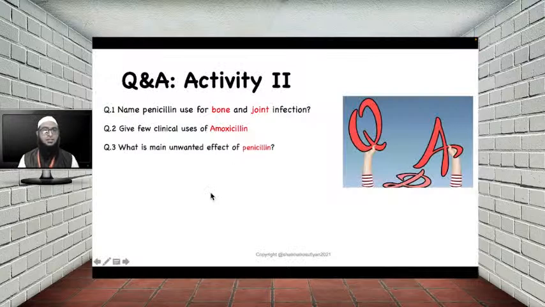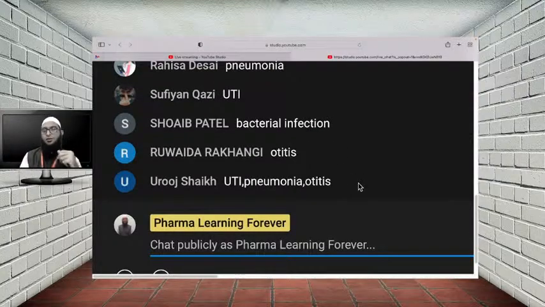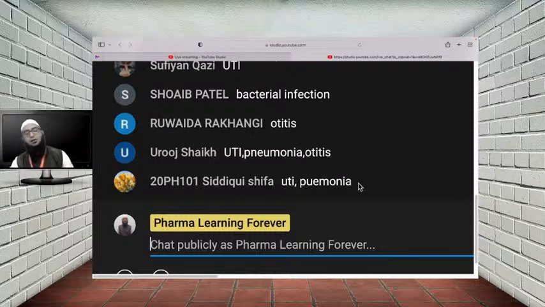My last question is, what is the main unwanted effect of penicillin? So we have discussed 2 unwanted effects today. Out of these, which one is the main unwanted effect of penicillin?